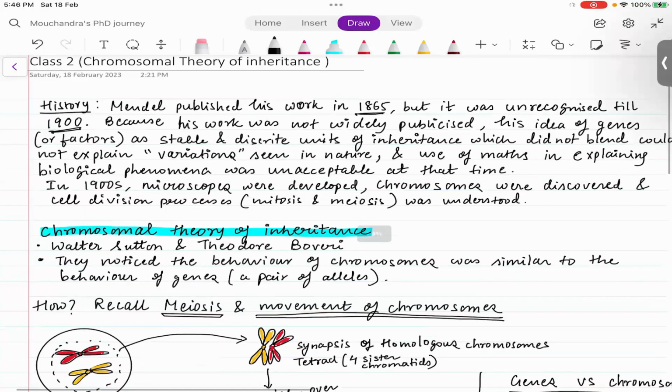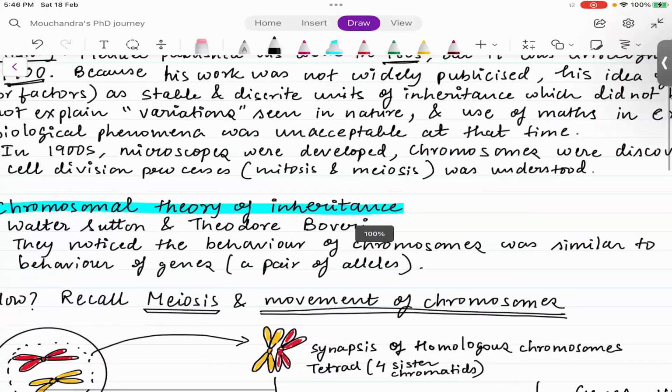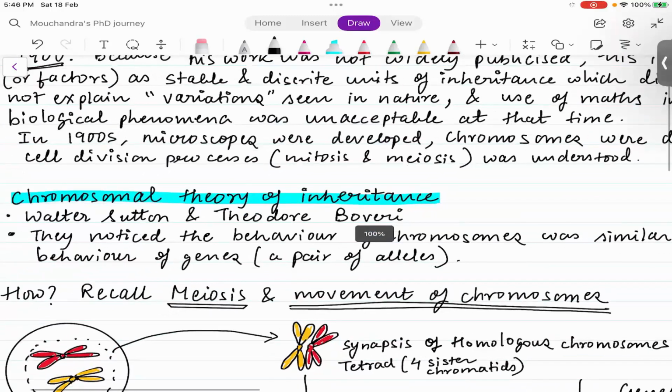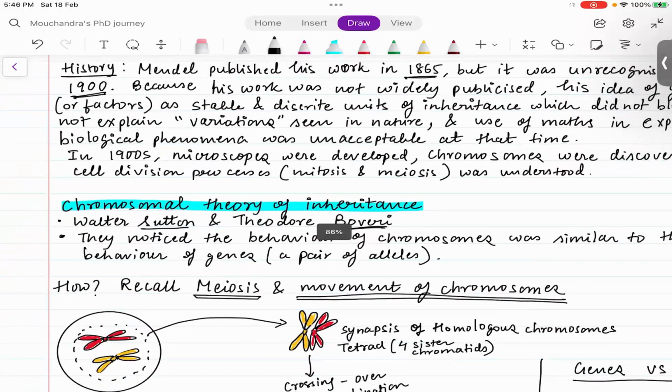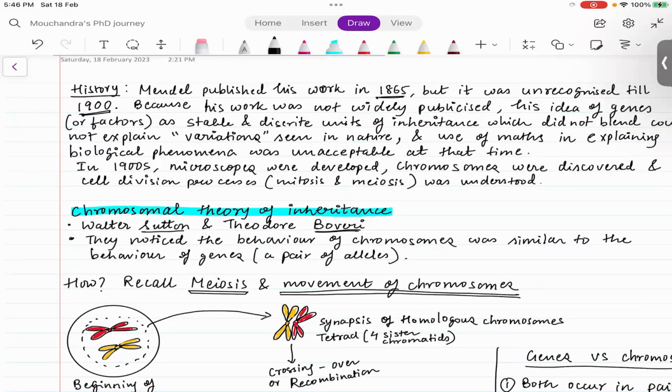These two scientists, Sutton and Boveri, knew about chromosomes. They saw how the chromosomes behave, and there was a similarity with the behavior of the genes which Mendel proposed, right? The pair of alleles exists for each gene, and they segregate.